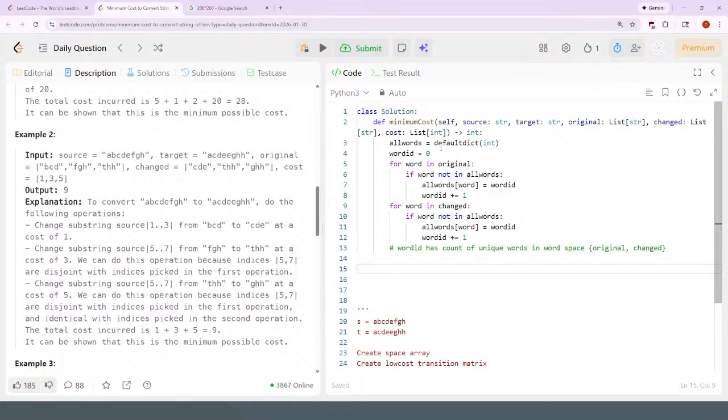Okay. Well, I think I need to create my low cost transition matrix. Let's say it's infinity times word ID for everything in range of word ID. I think this is correct syntax.